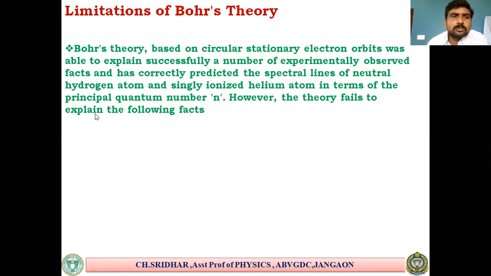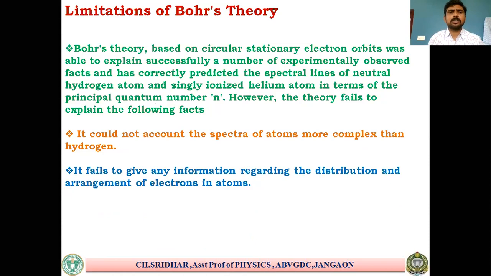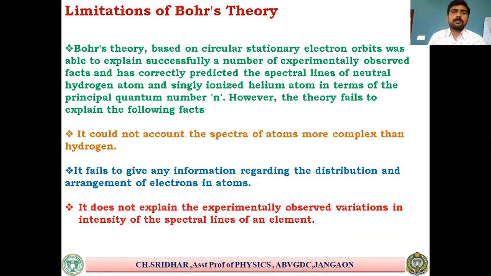However, the theory fails to explain the following facts. One is it could not account for the spectra of atoms more complex than hydrogen. It fails to give any information regarding the distribution and intensities of the electrons in atoms. It does not explain the experimentally observed variations in intensity of the spectral lines.